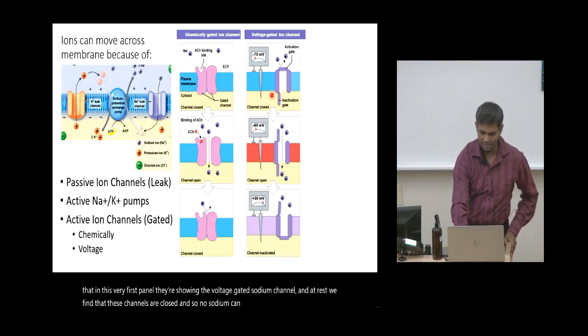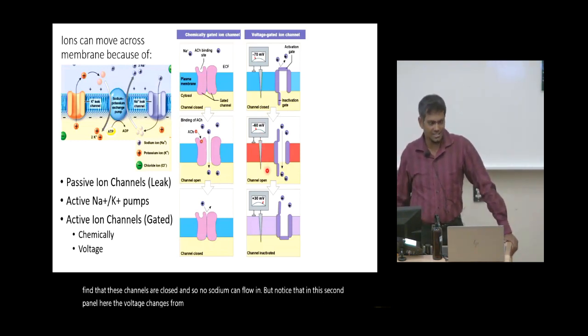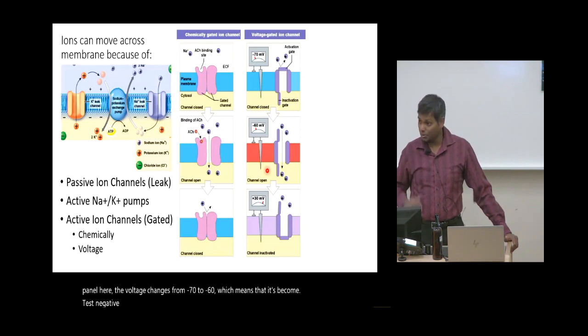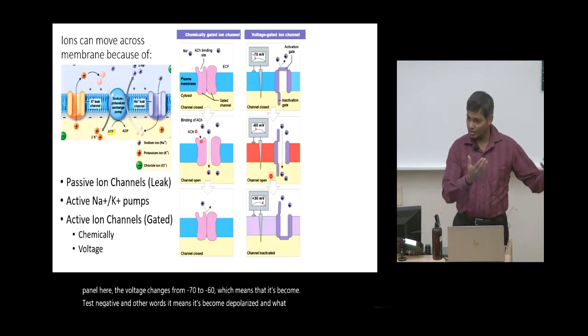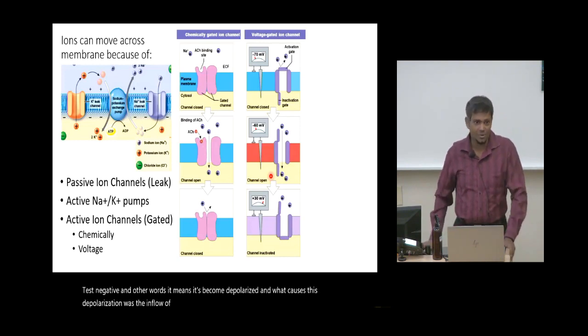But notice that in the second panel here, the voltage changes from negative 70 to negative 60, which means that it's become less negative. In other words, it has become depolarized. And what causes this depolarization was the inflow of positive ions in the nearby vicinity.